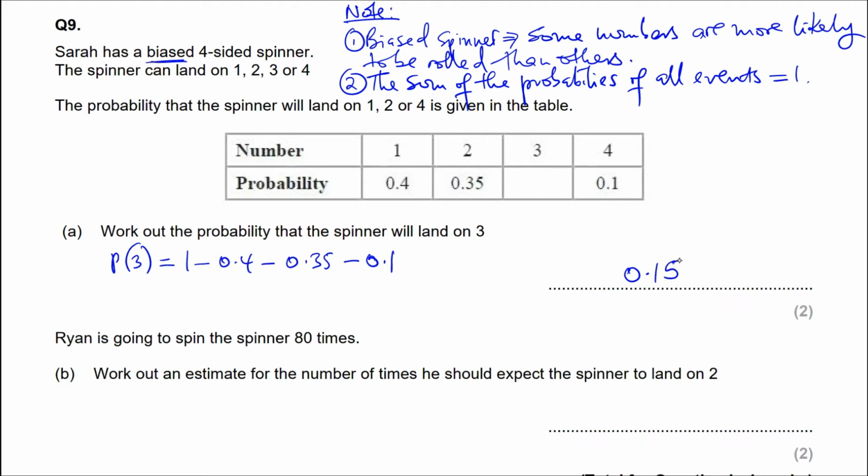And then the next question is, Ryan is going to spin the spinner 80 times. So they want us to find an estimate of the number of times he should expect the spinner to land on a 2.